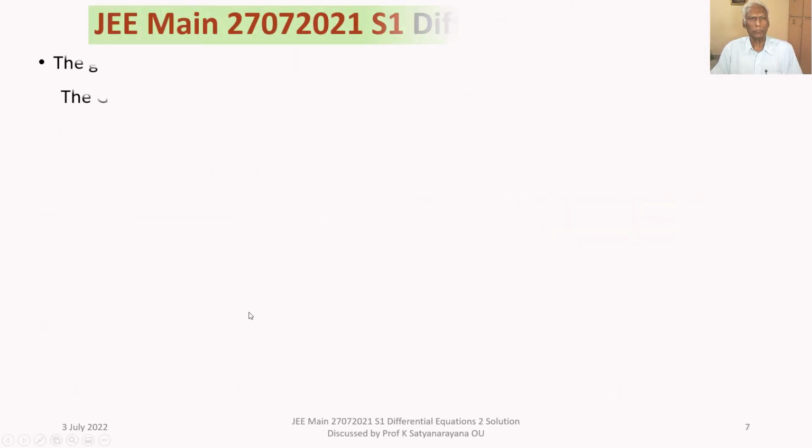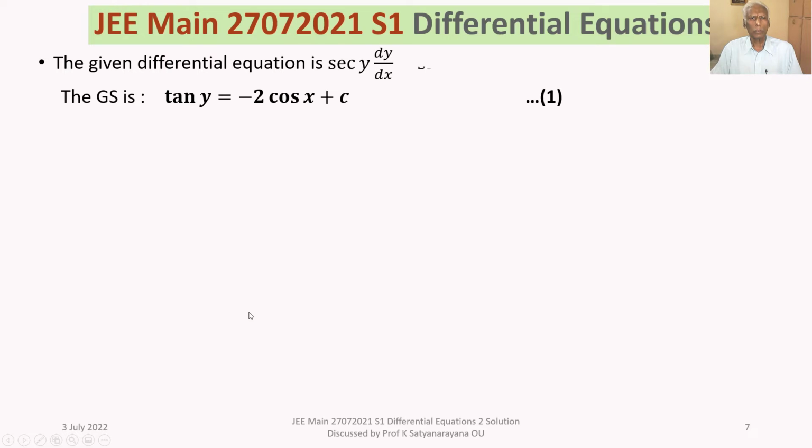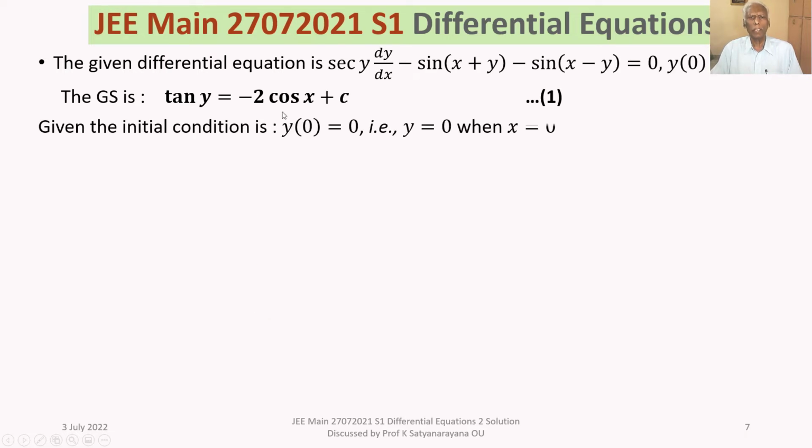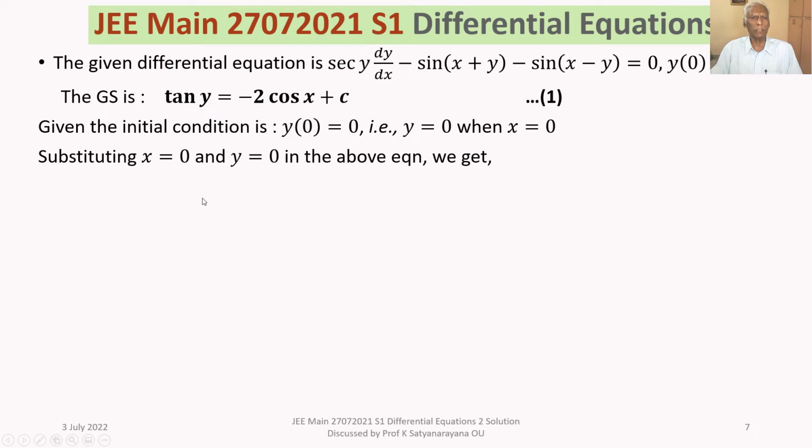We continue. We are given the initial condition as y when x is 0 is 0. So substituting x = 0 and y = 0 in the above equation 1, we get tan 0 is equal to minus 2 cos 0 plus c. Tan 0 is 0 and cos 0 is 1, and thus we get c is equal to 2.